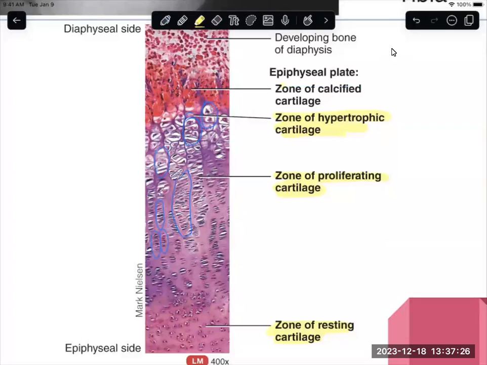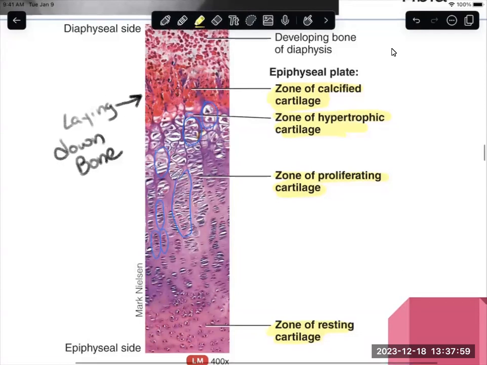In this zone of calcified cartilage, osteoclasts have come in and broken down that cartilage, and osteocytes are coming in and laying down bone. So that is all happening within a growth plate. This is everything that is happening here.